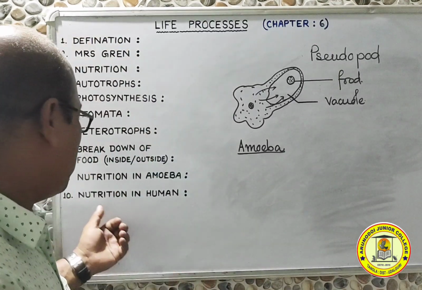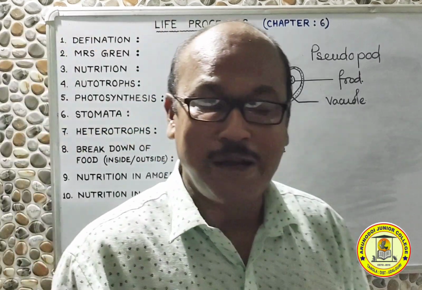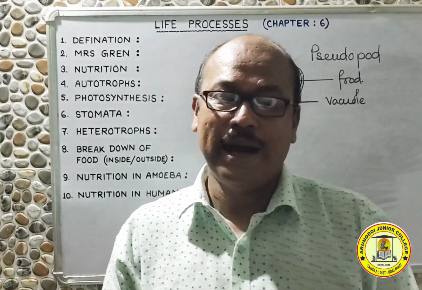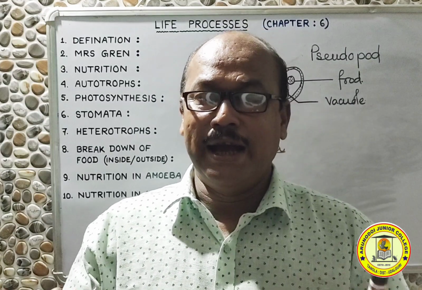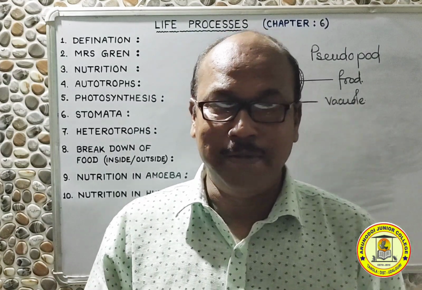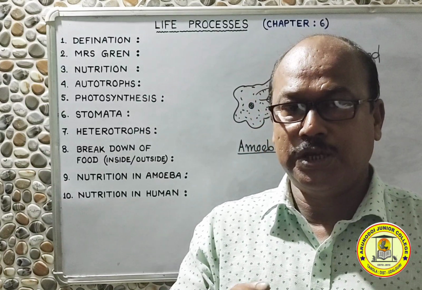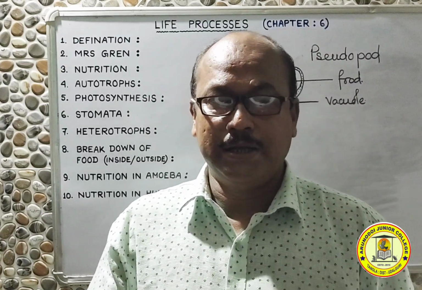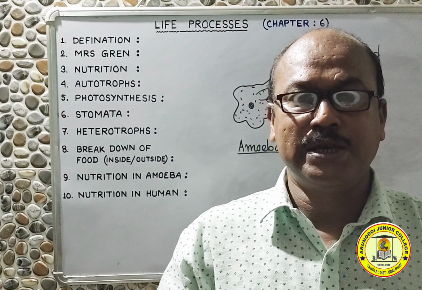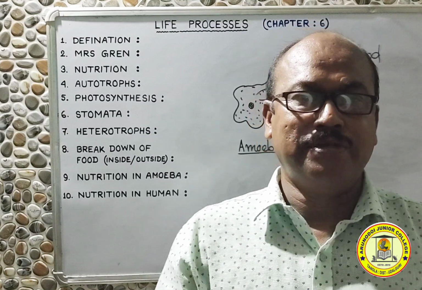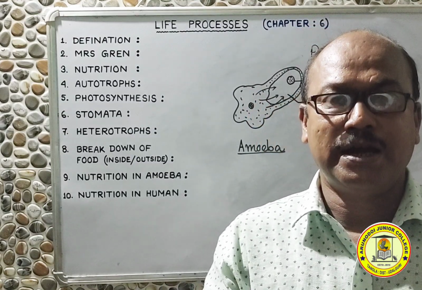And finally, we are coming to this point, nutrition in human beings. Human beings are also heterotrophic organisms, and the entire process of nutrition in human beings is very complex. The food is taken in the mouth, it is chewed and masticated by the teeth, rolled by the tongue so that saliva can mix with it, and in saliva there are some enzymes.